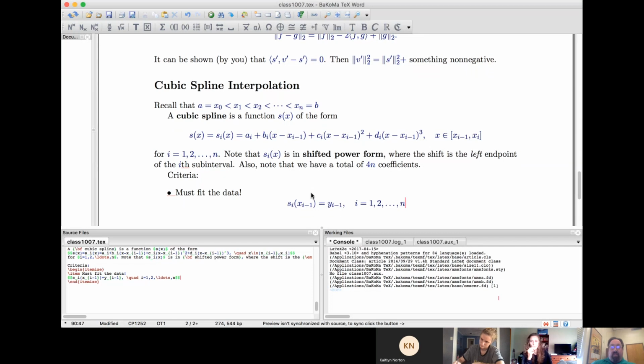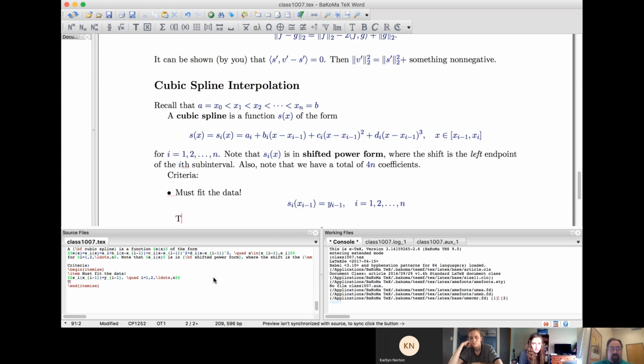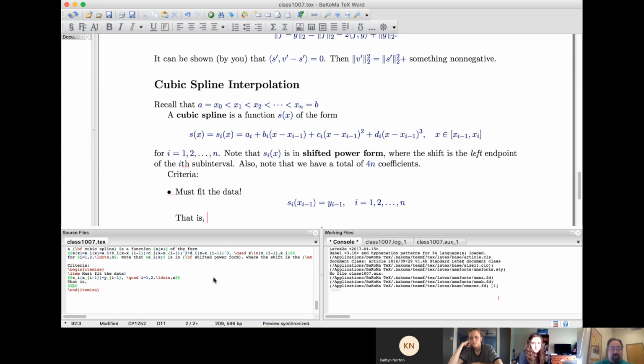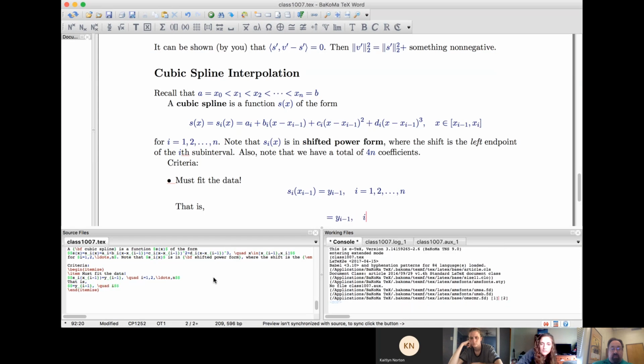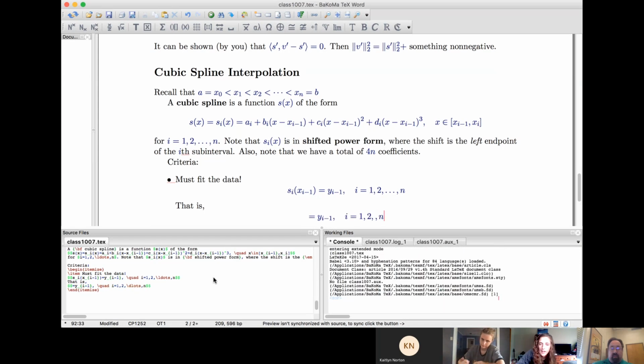Now, if I were to substitute this x value into this formula here, this value turns out to have a very simple expression. Can anyone tell me what this ends up being equal to? Just a_i.